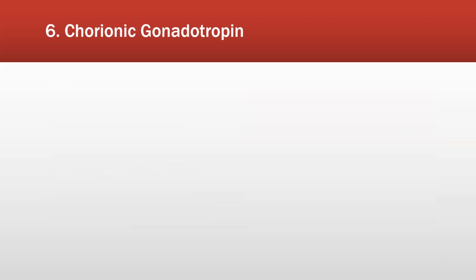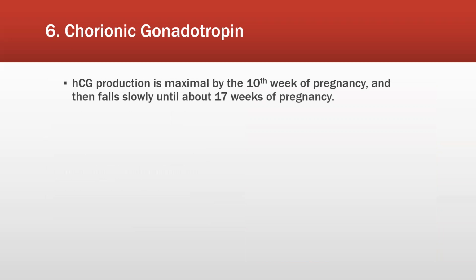So let's talk about HCG, which is human chorionic gonadotropin. In terms of HCG's importance and its role specifically in pregnancy, early on, it is in higher amounts because this is what is telling the maternal ovaries that, yes, we do have a viable pregnancy and implantation, and we need to continue to produce progesterone.